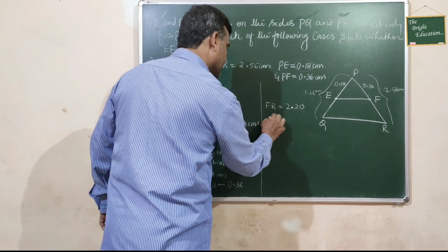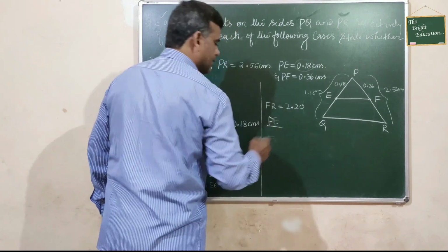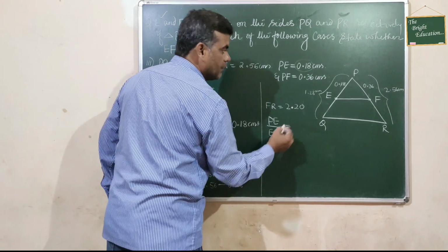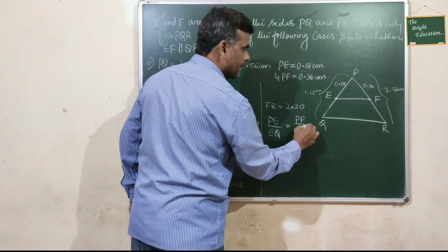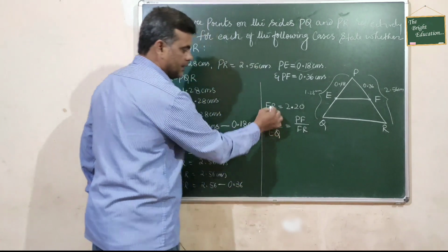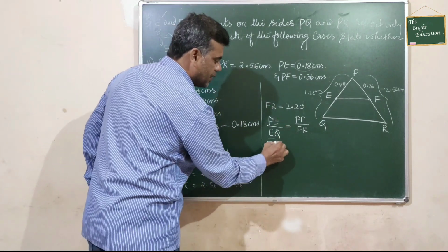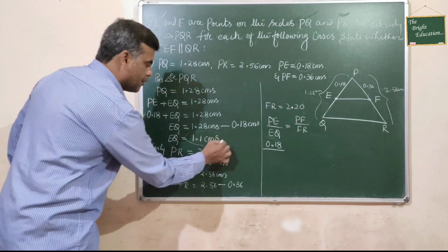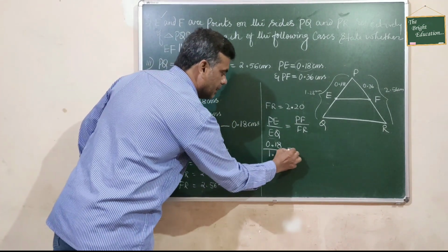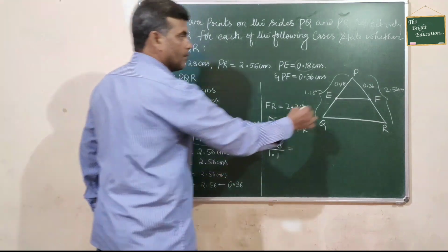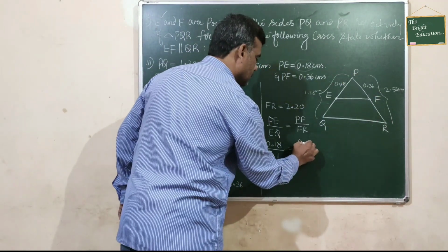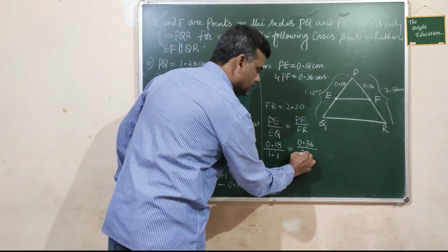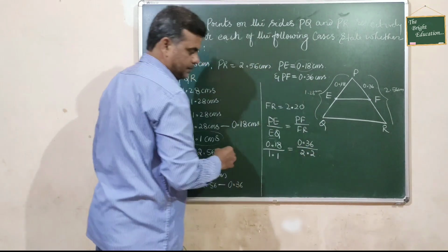Now let's verify PE by EQ equals PF by FR. PE is 0.18 divided by EQ, which we got as 1.1, equals PF, 0.36, divided by 2.2.